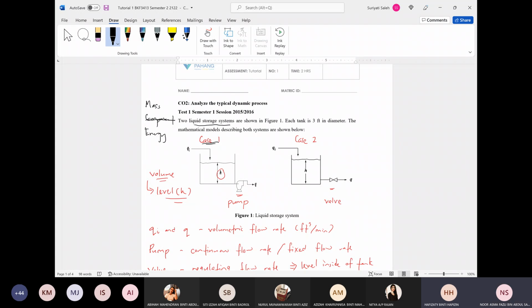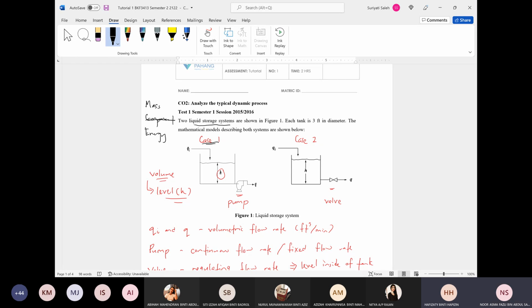The function is just to store your liquid, so there is no filtration, no blending system and so on. So you don't need the component balance. In addition, the storage system normally stores at ambient temperature. When you have ambient temperature, you don't need the energy balance.